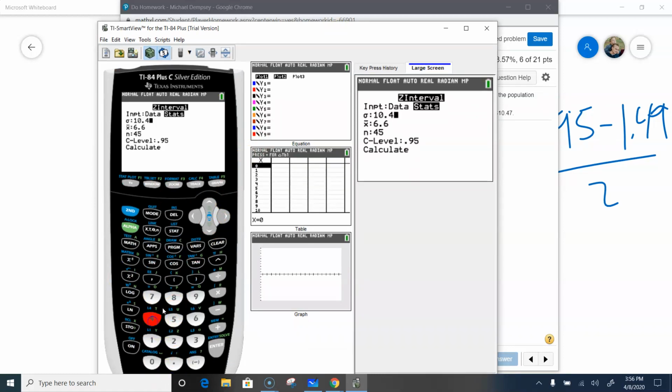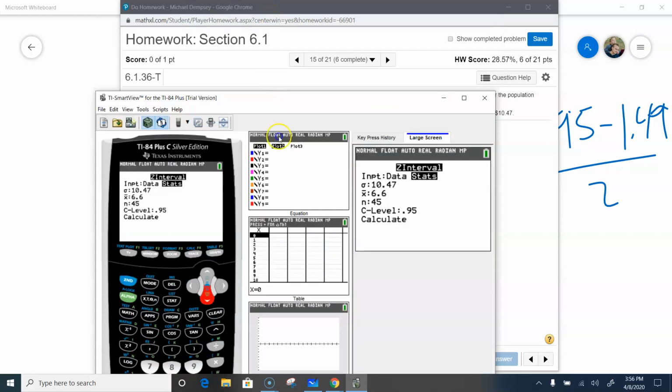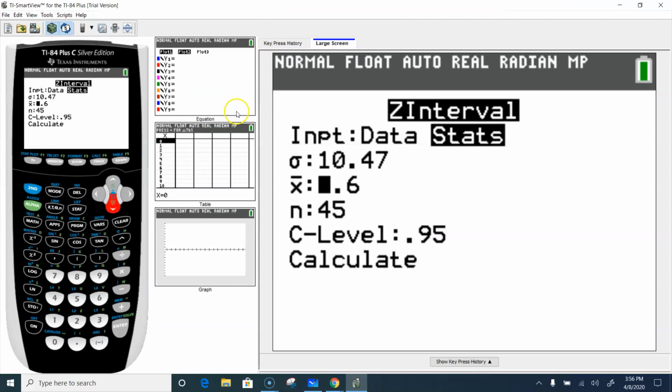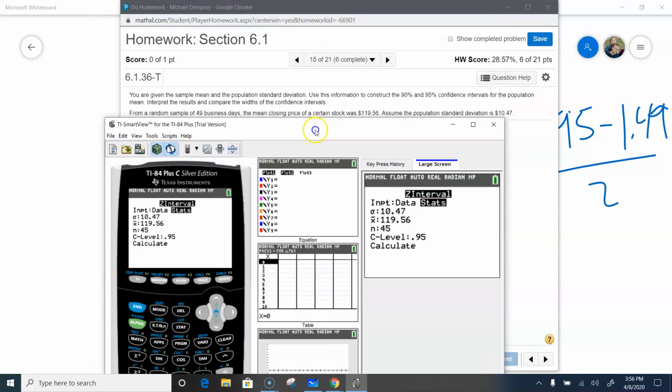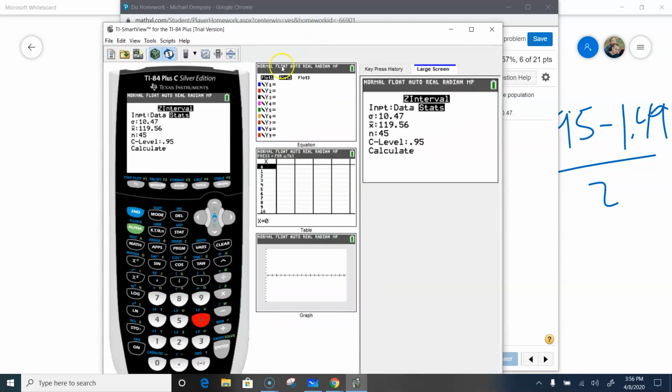Good thing about this is the calculator will keep everything in there for you. The mean is 119.56. That was our sample mean. Sample size was 49 business days. And we're going to do both. We're going to do 90%, I believe, first.